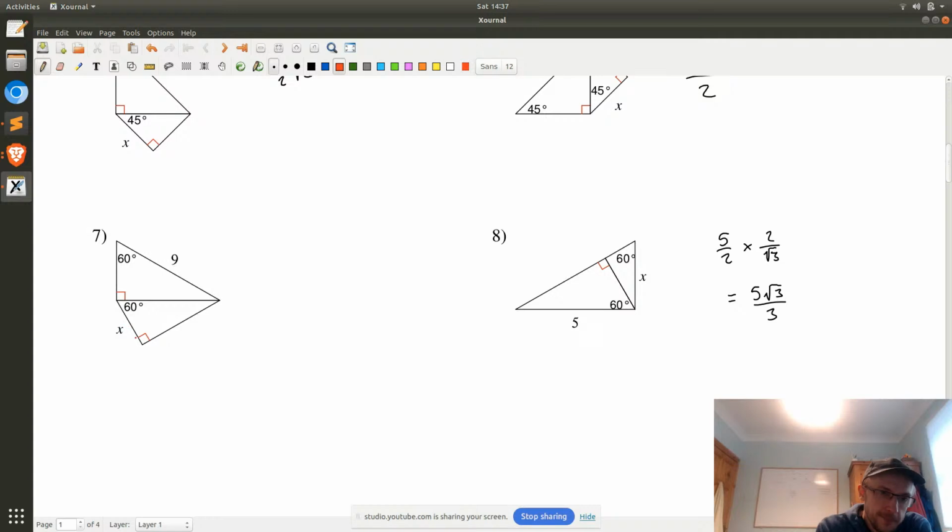Okay, so 9 has to be first divided by 2 and then multiplied by root 3 to get that side.